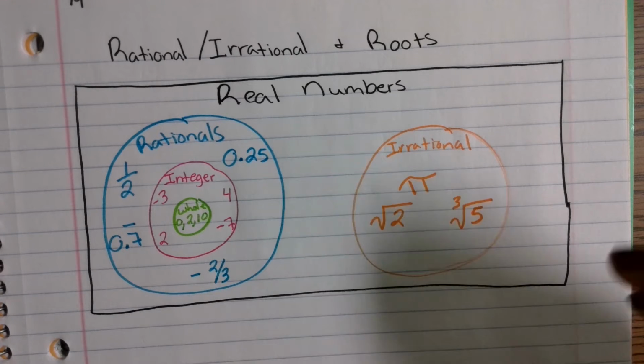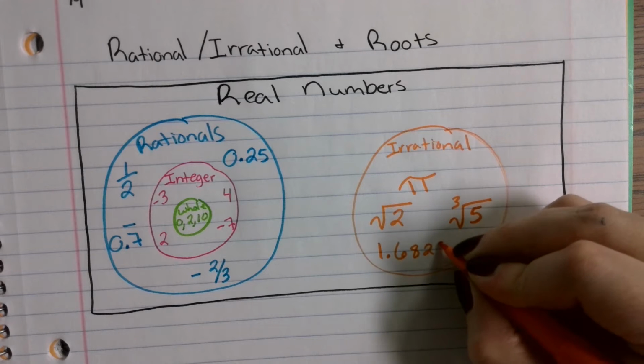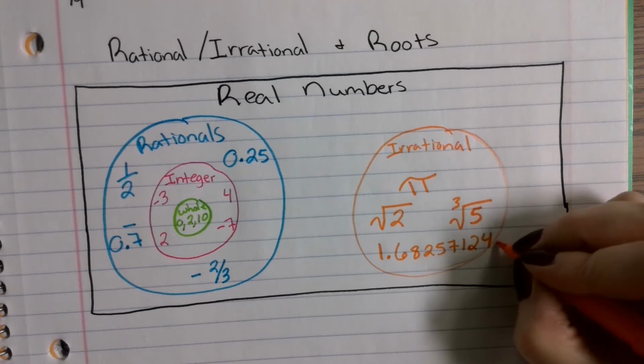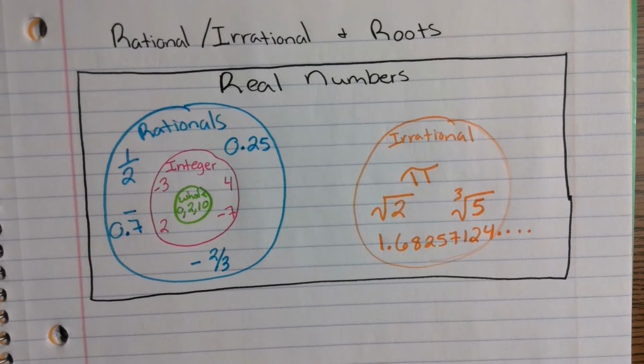Any value that when it's in a decimal form does not repeat, it just keeps going on and on and on in no particular pattern, that's considered to be an irrational number. It doesn't repeat and it doesn't stop. So what you need to be able to do is identify the difference between rational numbers and irrational numbers.